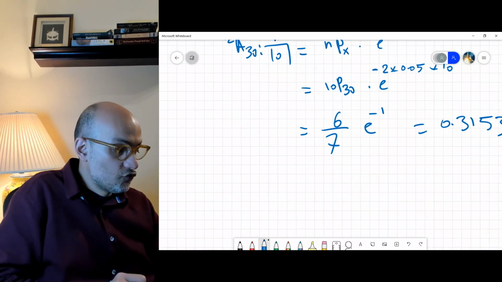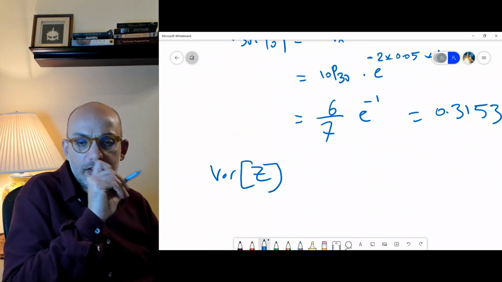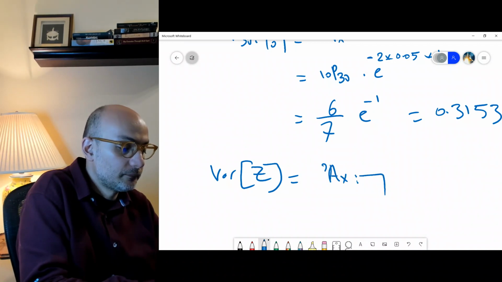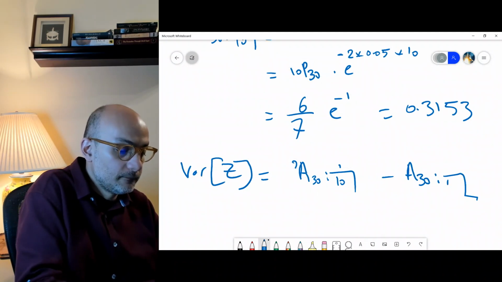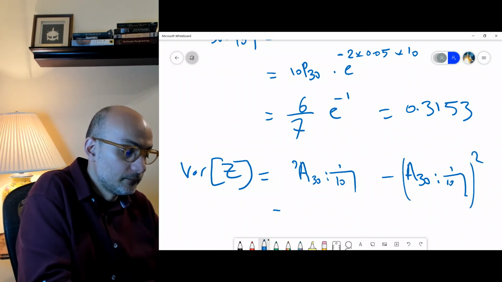Now, what if you want to calculate the variance of Z? As I said, there are two ways. The first way is the second moment of A30:10 minus the square of A30:10.